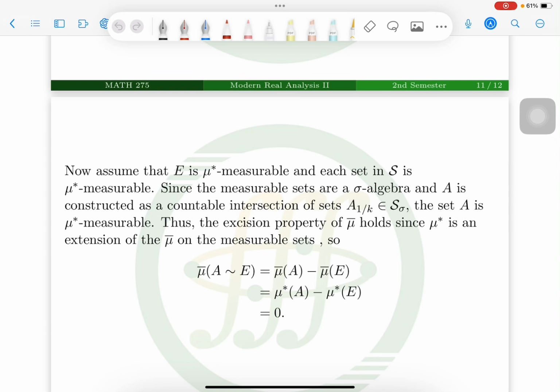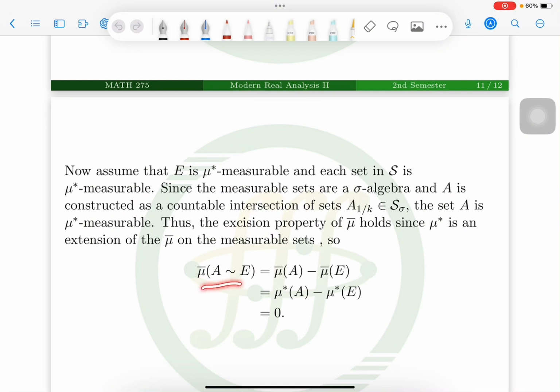The excision property says that if you have A and B measurable sets, with A a subset of B and the measure of A less than infinity, so finite, then the measure of B minus A equals the measure of B minus the measure of A. So by the excision property, we have this. It holds because our outer measure is an extension of mu bar, the Carathéodory measure induced by mu on the measurable sets.